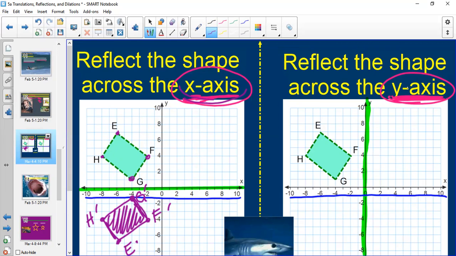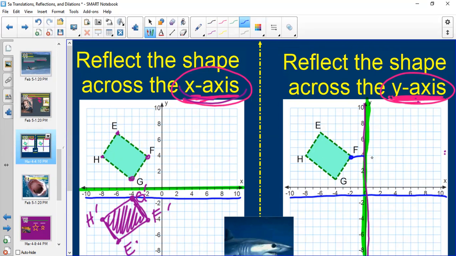All right, so now we're going to try to reflect across the y-axis. So again, I should fold it on that line, that up and down line here, and I should have a shape on either side. So since I already have one on the left, I need one on the right. So I'm going left and right this time. So however many left a letter is, I need to go that many right.